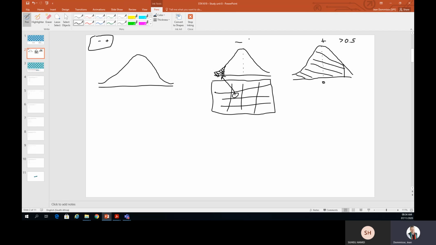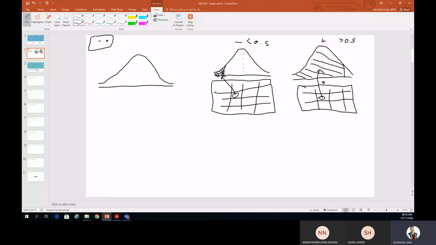The negative table is always smaller than 0.5. So the probabilities in the table below the graph will show that bigger area.